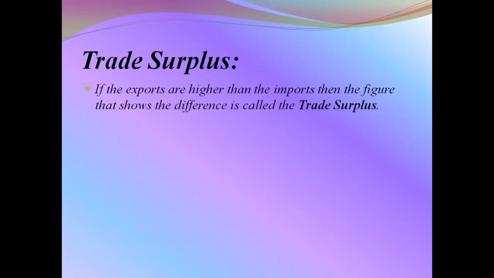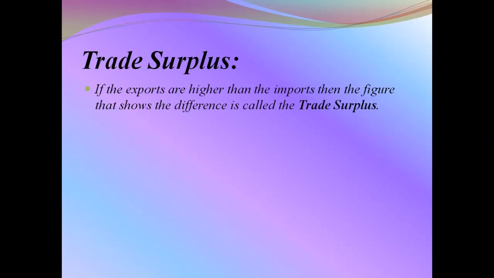Now, my dear students, we will also learn about the trade surplus. What is trade surplus? Here comes the definition of trade surplus. If the exports are higher than the imports, then the figure that shows the difference is called the trade surplus.